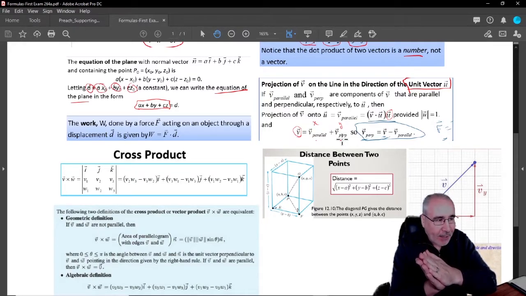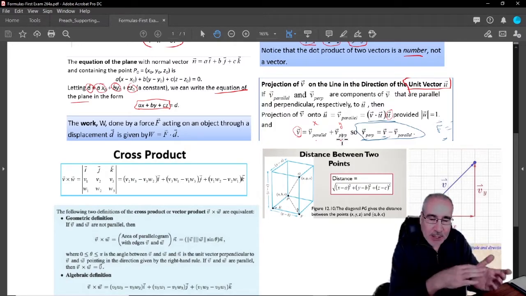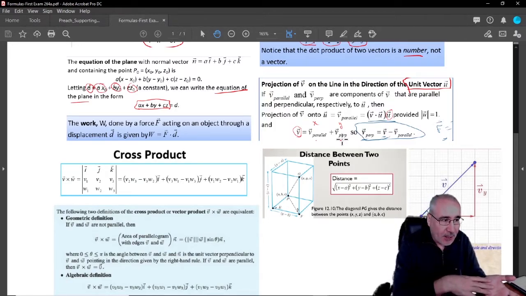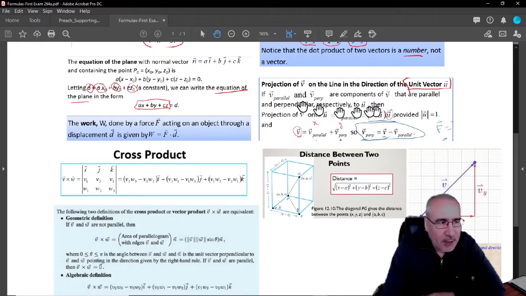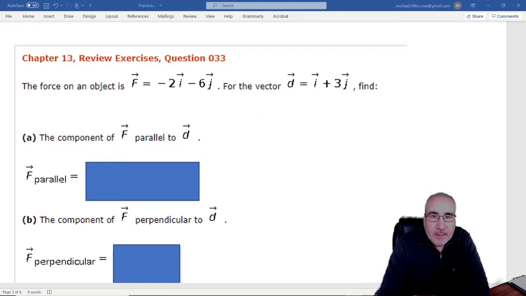Once we have that, we take the parallel vector and subtract it from the original vector. The parallel vector subtracted from the original vector is the perpendicular vector. Then remember, when we go back to doing work, we use the original vector, not the unit vector.